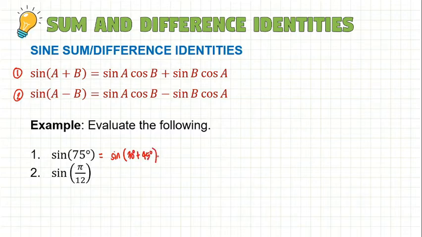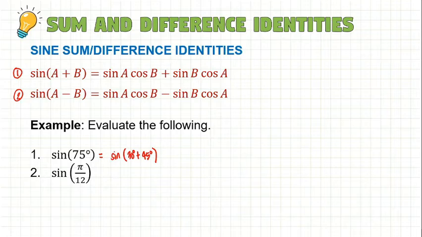Take note that 75 degrees is not a special angle, so you cannot directly solve for the value of sine of this angle without using calculators. But since 75 can be written as 30 plus 45, and 30 and 45 are special angles, we don't need calculators for this one, right?